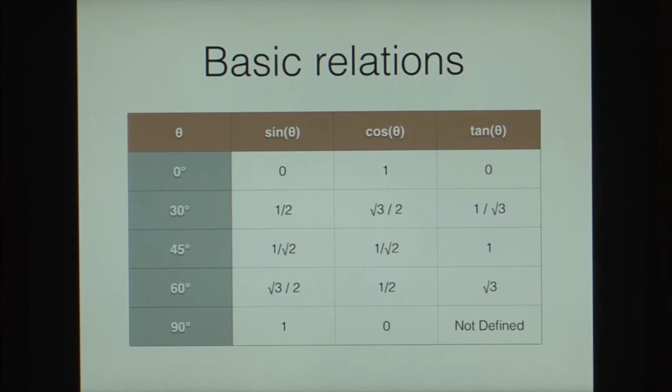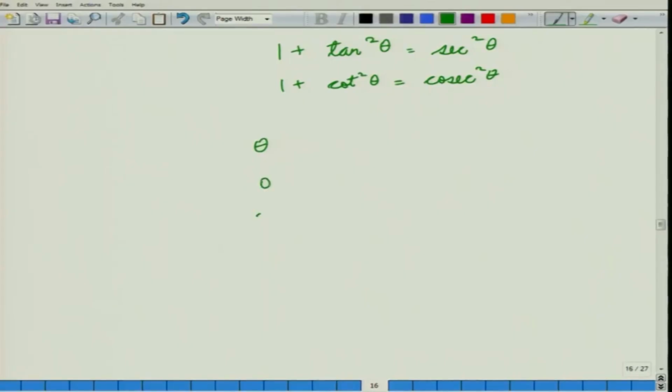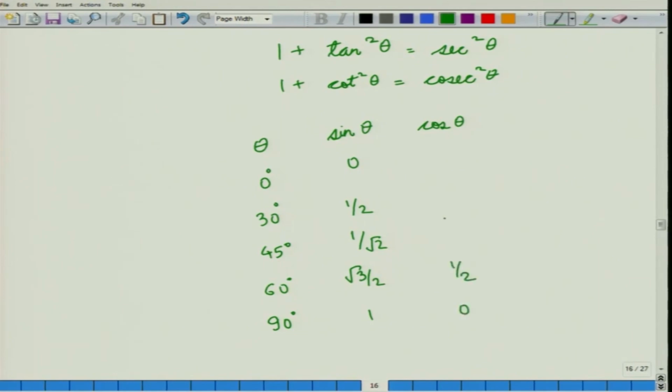So, for these theta values 0 degrees, 30 degrees, 45 degrees, 60 degrees and 90 degrees, the sin theta goes like 0, half, 1 by root 2, root 3 by 2 and 1. Cos theta goes in the opposite direction. So, it becomes 1, root 3 by 2, 1 by root 2, half and 0.